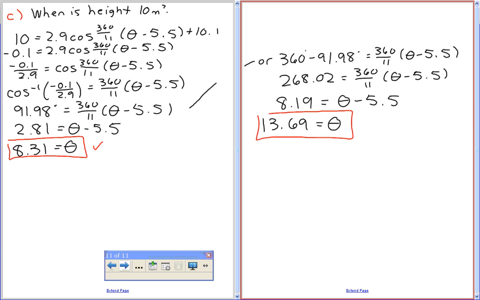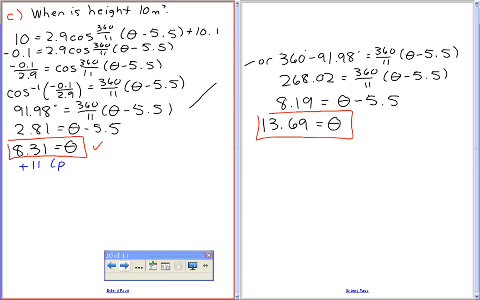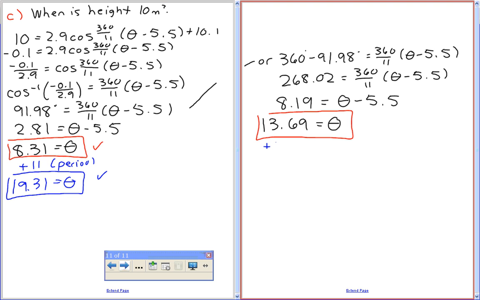So we're just going to add the period. That turns to be 19.31, and that is okay. I'll do plus 11. And that gives me 24.69.